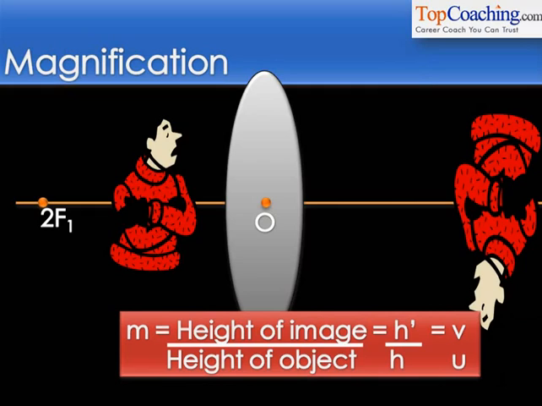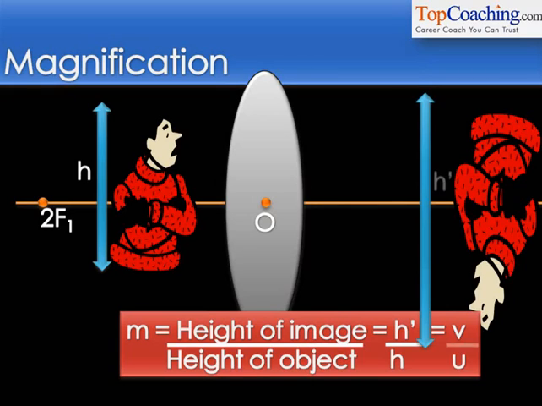The height of the image is generally represented by the symbol h dash, and the height of the object is represented by the symbol h. Just as in the case of mirrors, h dash by h is equal to v by u in the case of lenses also. Understood? In the case of mirrors, we had studied that height of image by height of object is image distance by object distance, v by u.